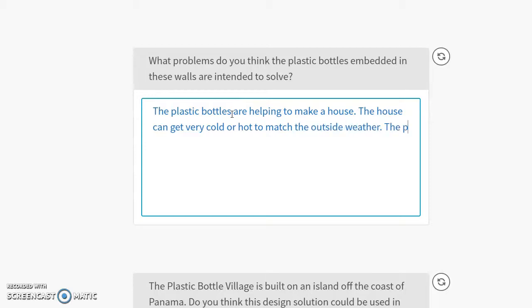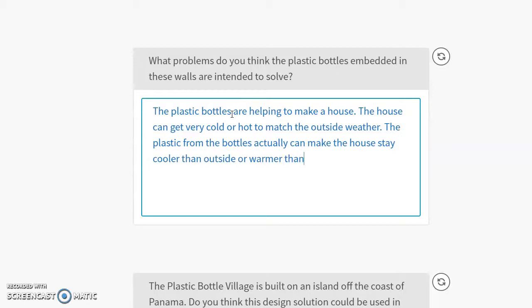The plastic from the bottles actually can make the house stay cooler than outside or warmer than outside, depending on what the person wants.